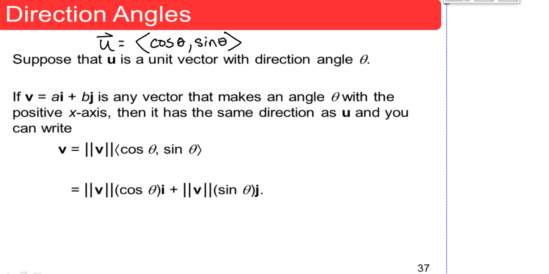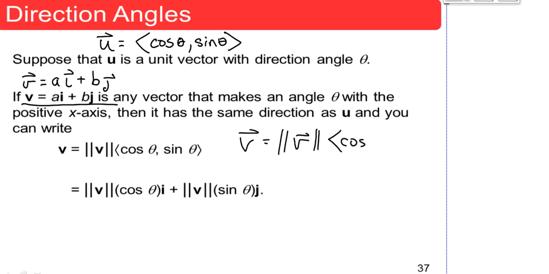And so this is a big formula for us. v in linear combination form, v is equal to ai plus bj. Just a reminder, that is not the i, square root of -1. We talked about that yesterday. And so now any vector v can be written as the magnitude of v times cosine theta, sine theta.